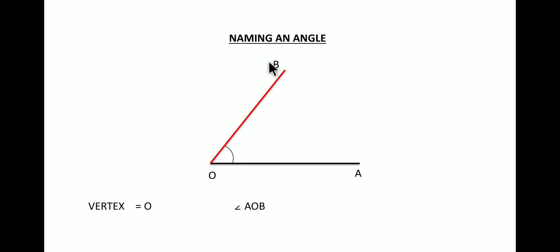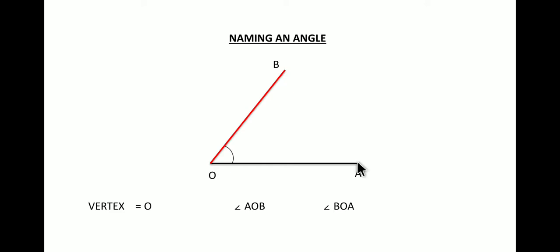Similarly, if you start from B and move towards A, you'll move from B, reach O, then reach A. In that way you'll form the same angle, BOA. Thus we can name this angle also as angle BOA. So either you name it angle AOB or angle BOA.